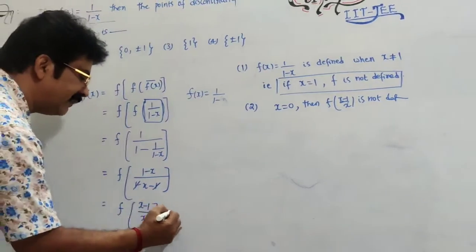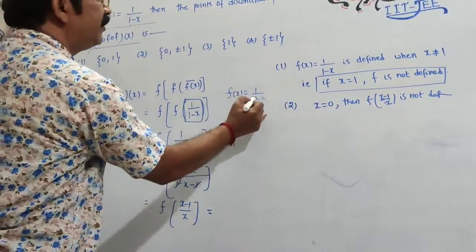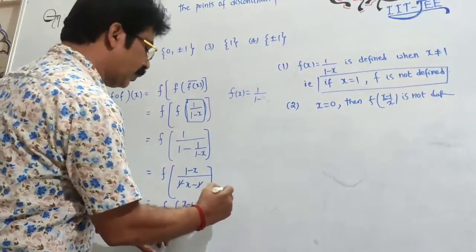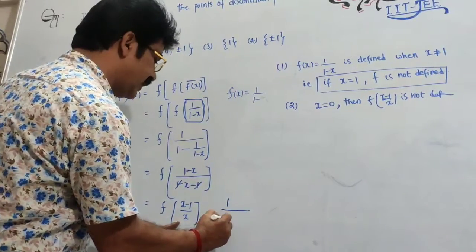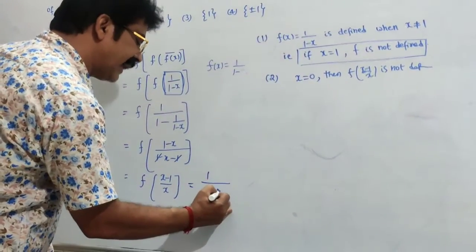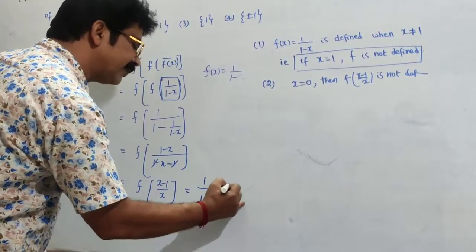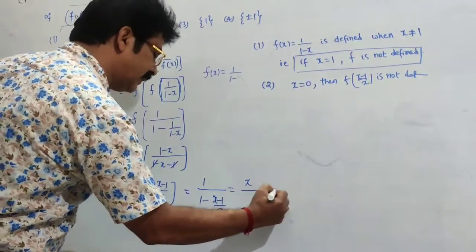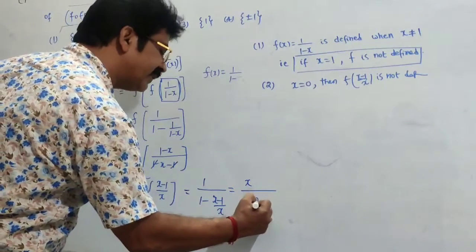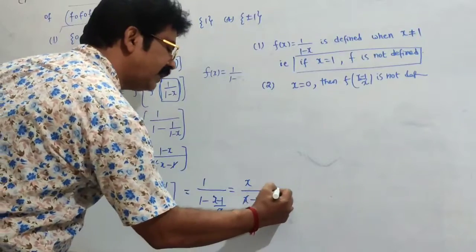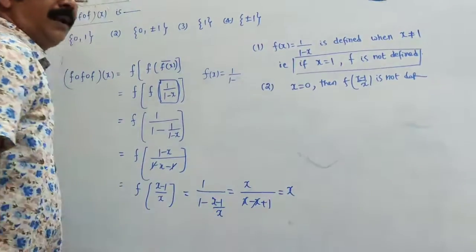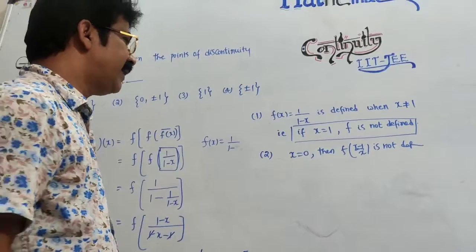Next, the same: instead of x, write this. So 1 by 1 minus this one, x minus 1 by x, that is equal to x divided by x minus x plus 1. So cancel. So it is defined for all x because it is the identity function.